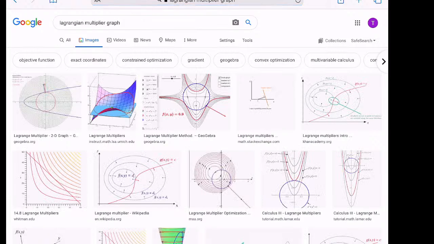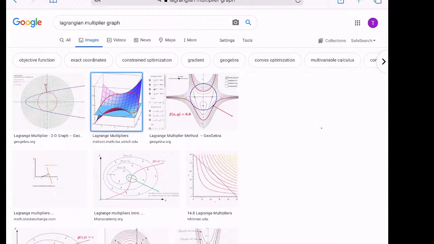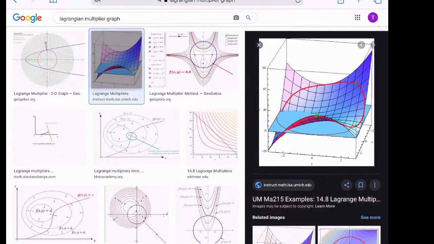You see these? These are actually plotting out, in three dimensions, the objective function, considering the inputs on the horizontal axis and the objective function on the vertical axis.